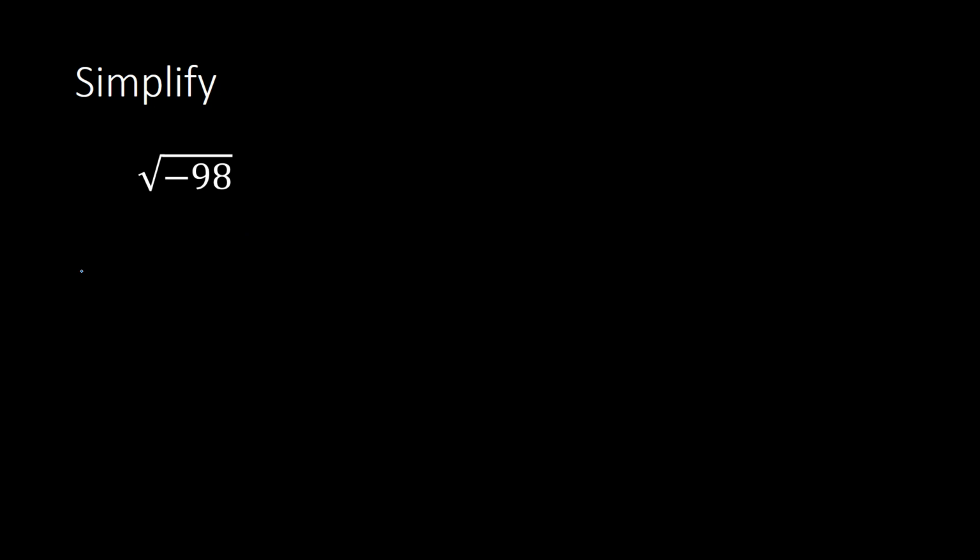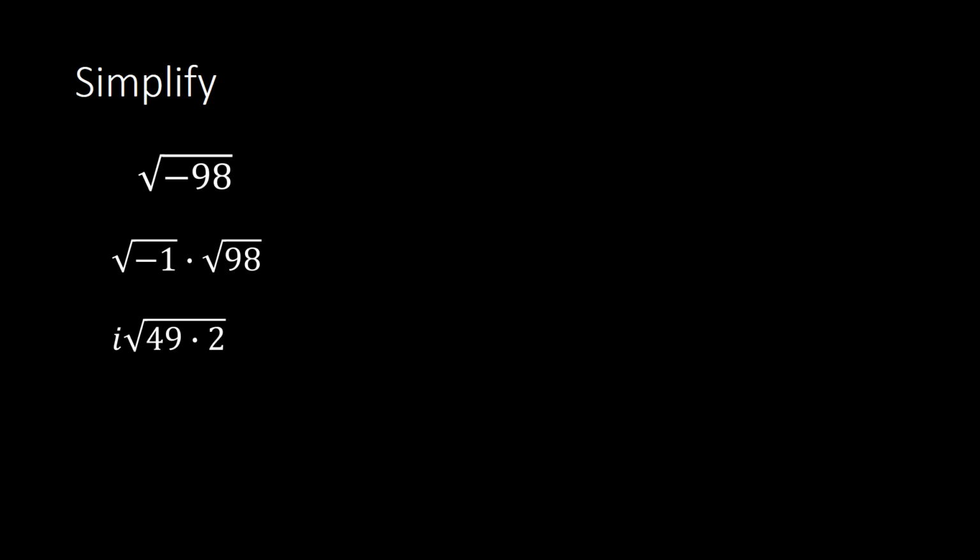Here's one more. We have the square root of -98. And same thing, it is an imaginary number because it is the square root of a negative number. What I can do is write this with the imaginary component. I can pull out the -1. So I have the square root of -1 times the square root of 98. The square root of -1 we know to be i.